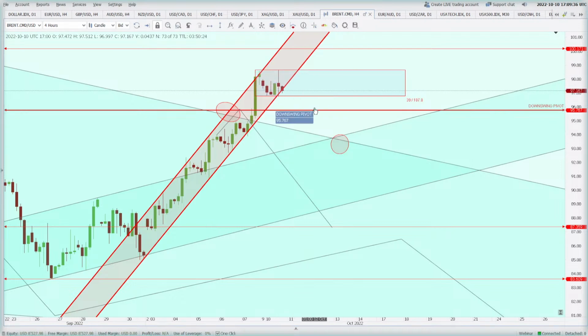But I think if the price comes back to the 95.76 area, it will act as a good support, and maybe it will help the prices to go higher to the 100.17 area. Right now, the immediate resistance is 100.17. Immediate support is at 95.76 in the Brent.